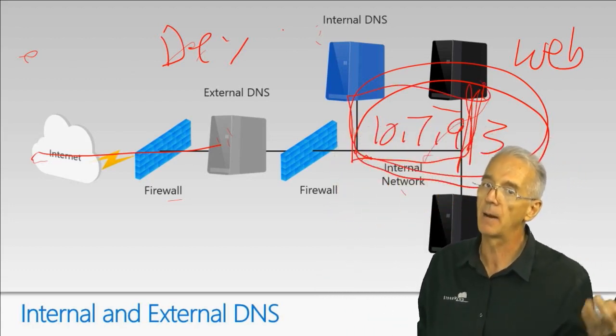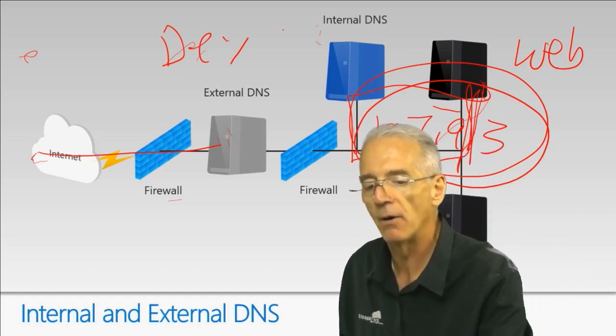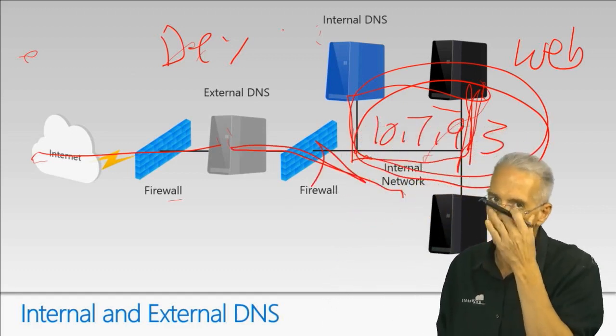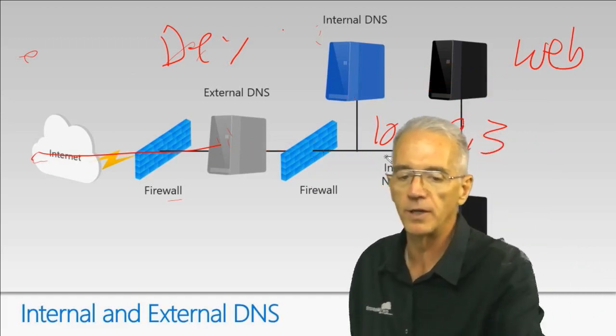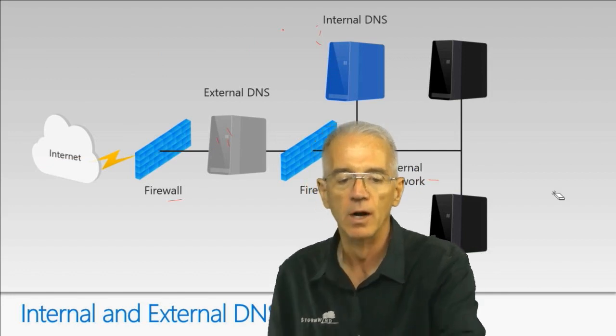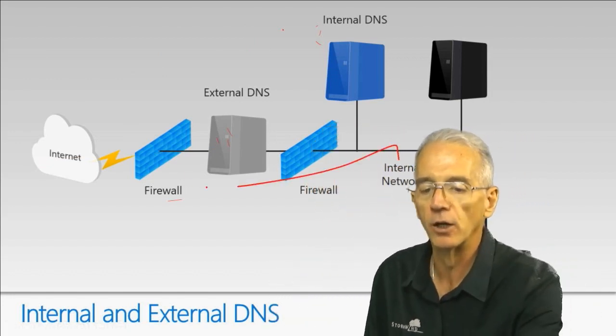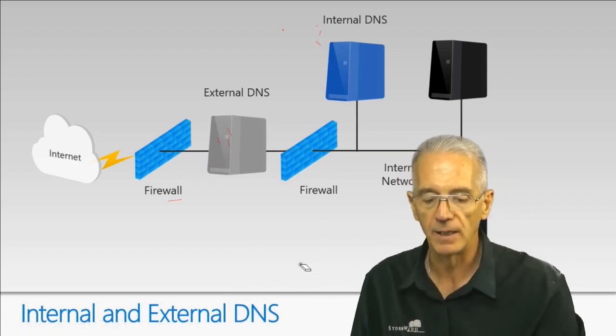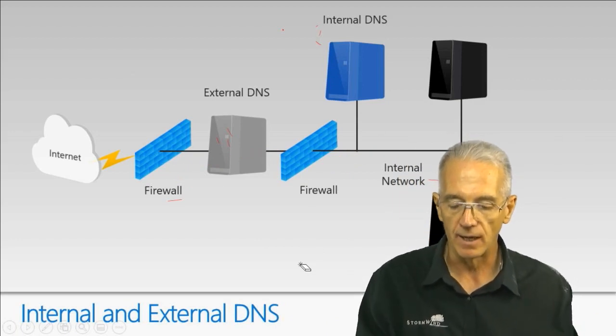I could say anybody coming from 10.107, allow it to traverse the firewall bidirectionally. And this is a very, very common problem. You either pointed to the wrong web server, or when you try to point to the right web server, the firewall says, hey, you're doing a loop-de-loop through the firewall. Not allowed. And that's the big thing there.